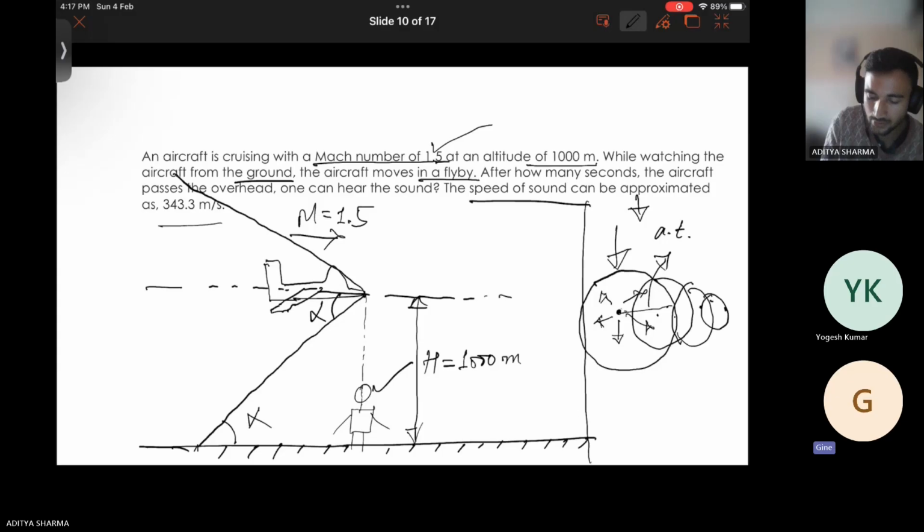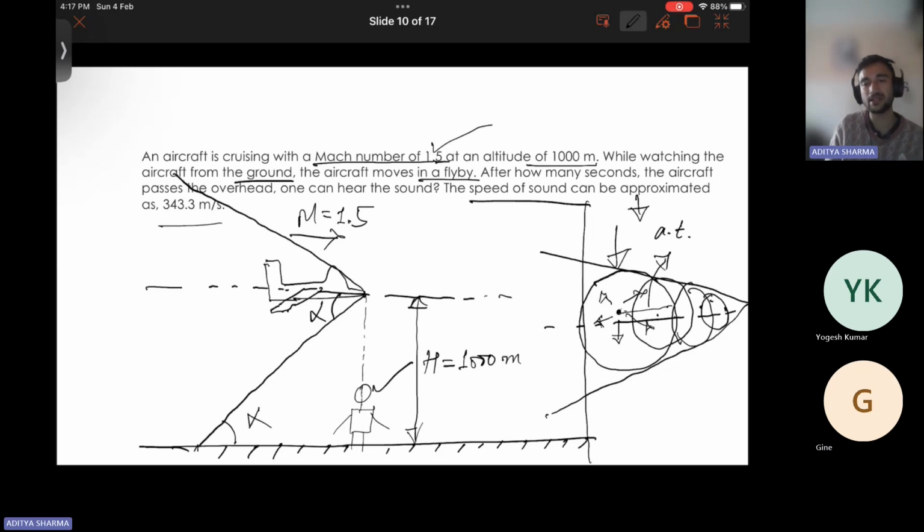Aircraft will reach here. In that scenario, you will get this Mach cone.